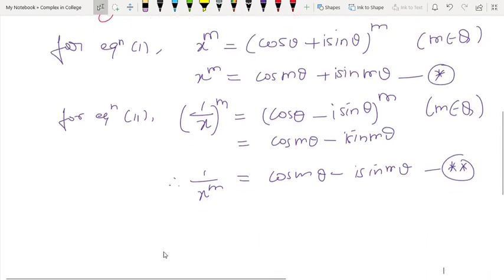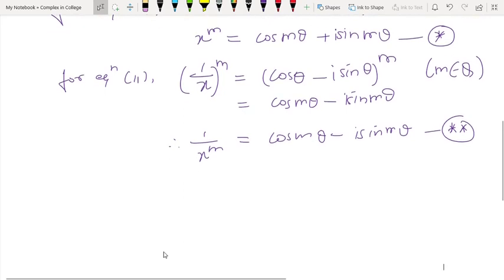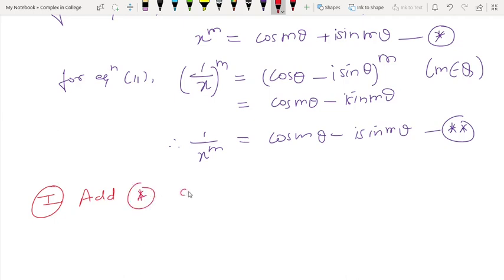Clear? Now what we need to do is add equations 1 and 2 and subtract equations 1 and 2. For the first case, let's proceed: add star and double star. If I add star and double star, it will be x raised to m plus 1 upon x raised to m equal to, what about your RHS part?